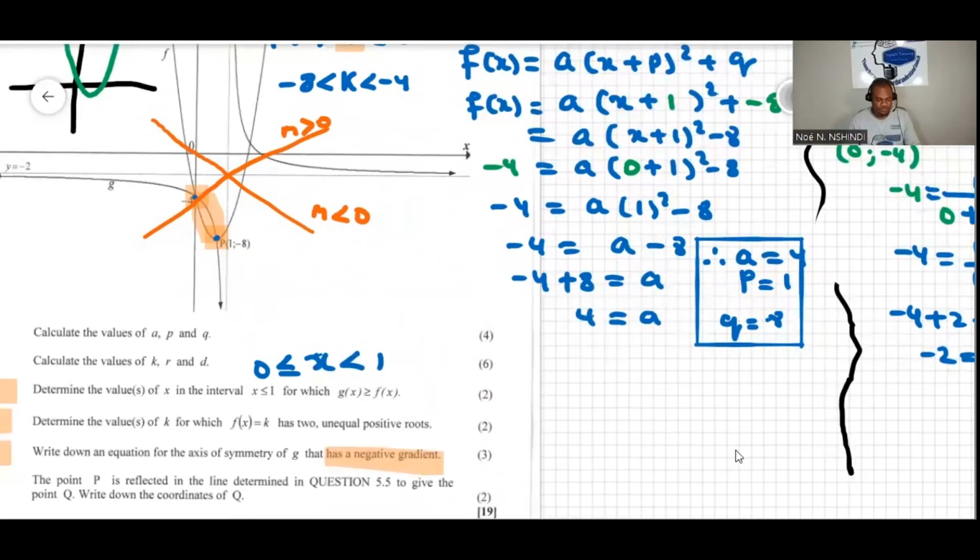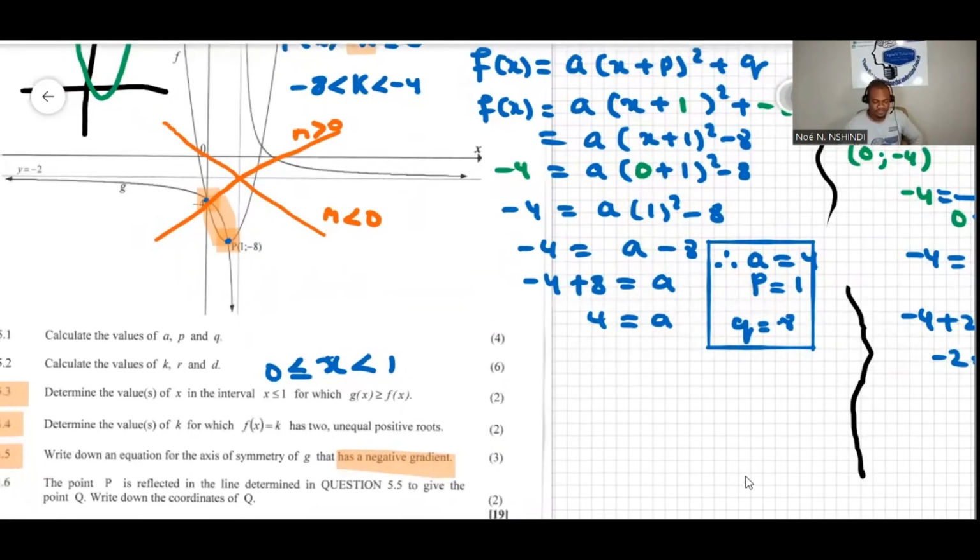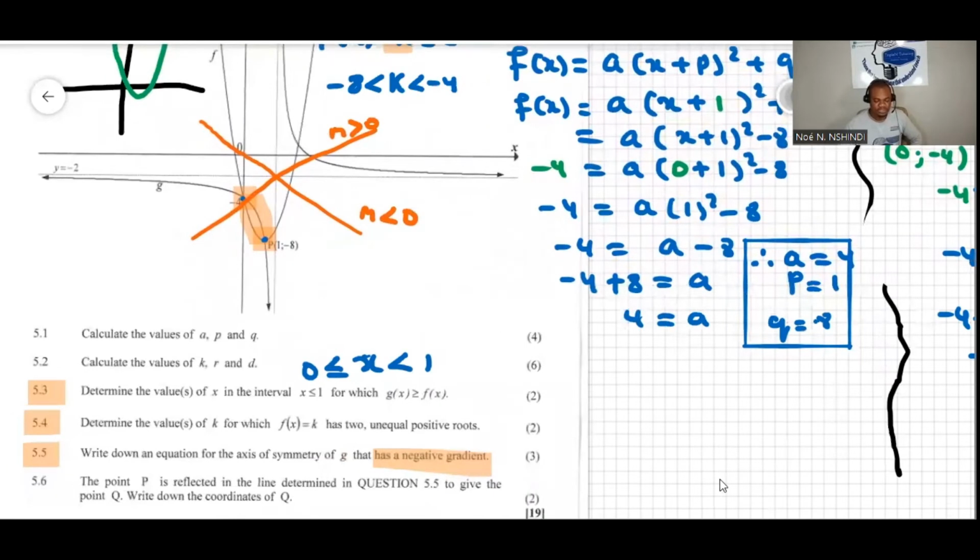The line in question 5.5 is this line we're talking about. The line is decreasing, so this is the line where the gradient is negative.